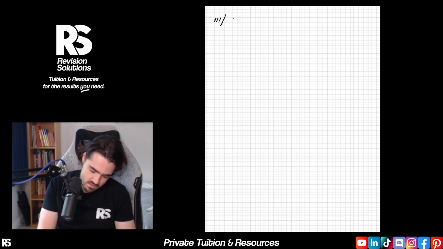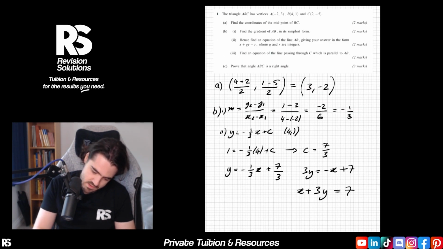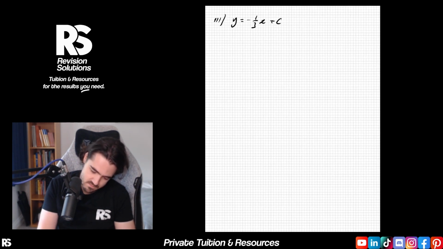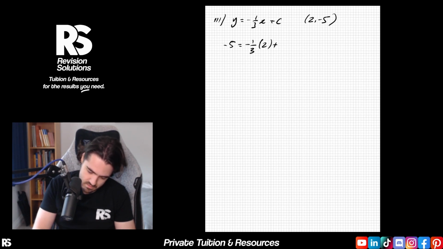So we know y equals minus 1/3 x plus c. And we're going to use the point 2, minus 5 to find our different value for c. So we'd have minus 5 equals minus 1/3 times 2 plus c.